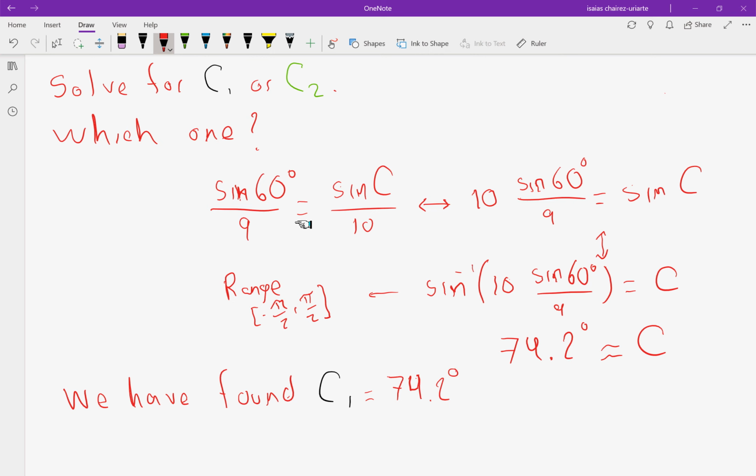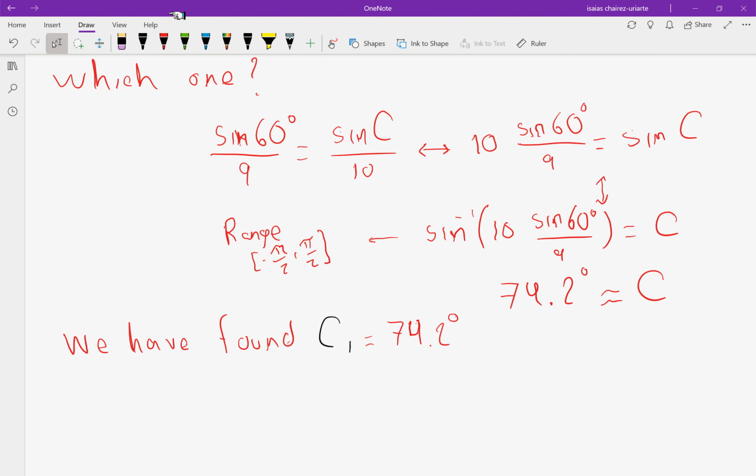Okay. So if I know C1, C2 should be easy to find. C2 should be equal to 180 minus C1. And that's 180 minus 74.2, that's 105.8.